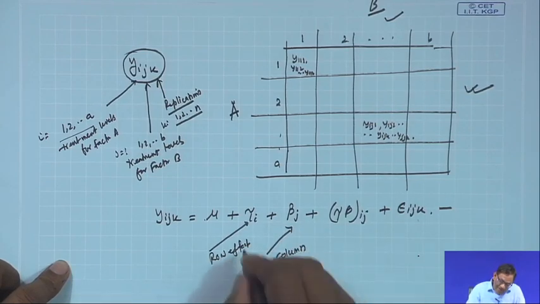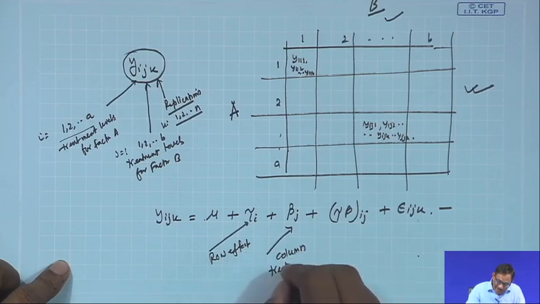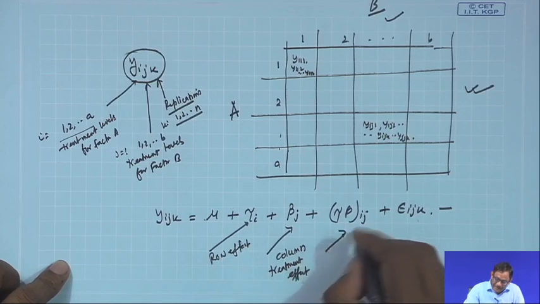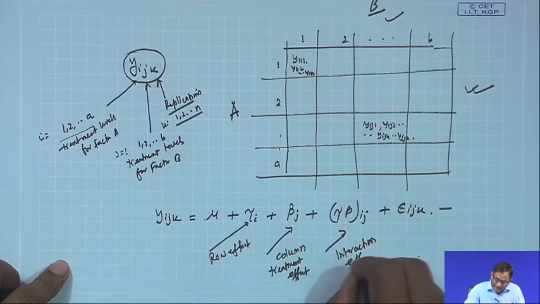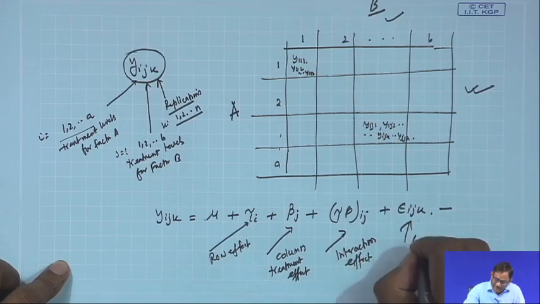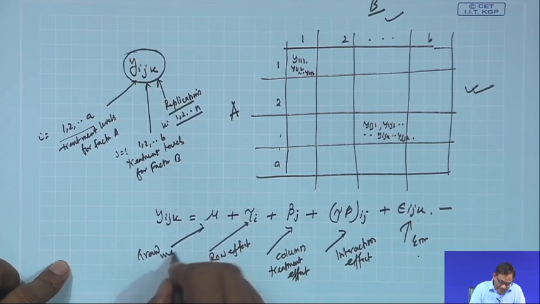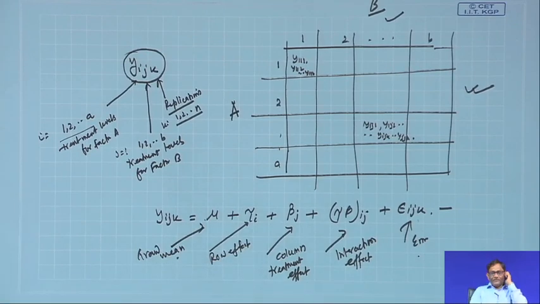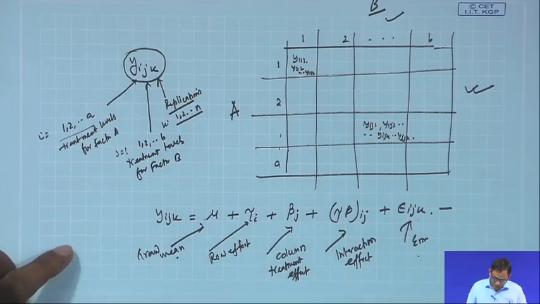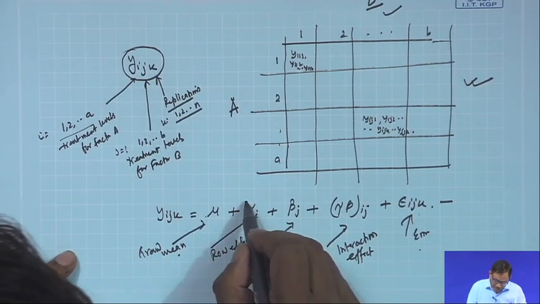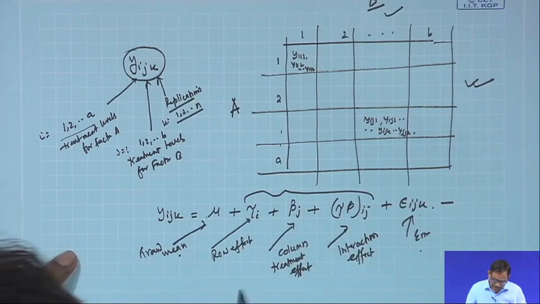So, row treatment effect, column treatment effect, that is interaction effect, this is error, and this is grand mean. Okay. So now you may be interested to add these together.